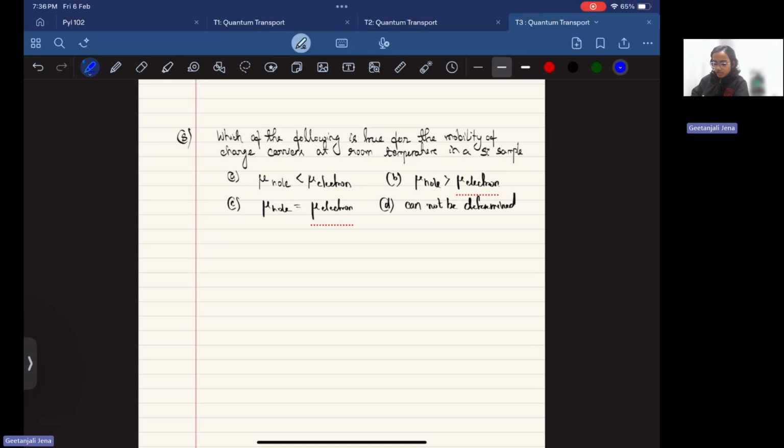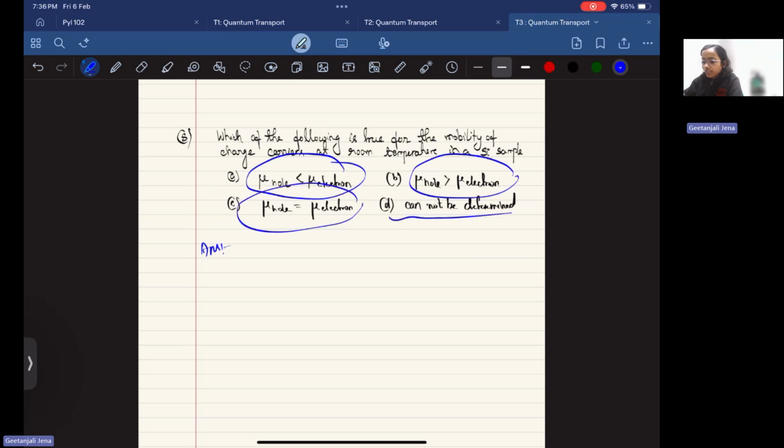Question number 8. It is also quite easy, directly conceptual based. Which of the following is true for the mobility of charge carriers at room temperature in a silicon sample? Whether the mobility of hole is less than electron, or it is greater than electron, or it is equal to electron, or it cannot be determined. So if you recall the mobility formula, it is given by e tau by m star.